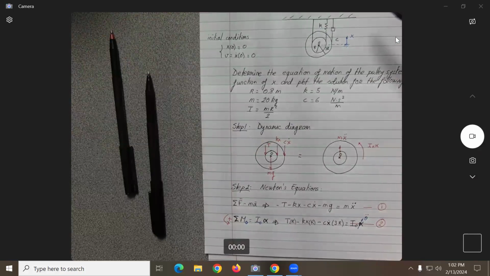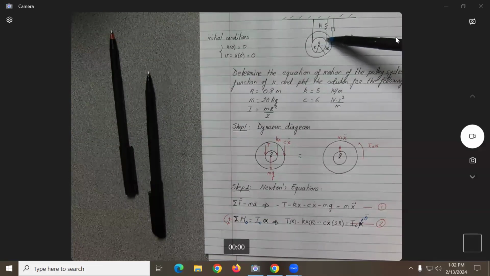Actually, I told myself, and it's not for not paying attention. What is X? X is the motion of point O, no? So is this going to move X? It's not going to move X, it's going to move more than X. And this one, the same thing.